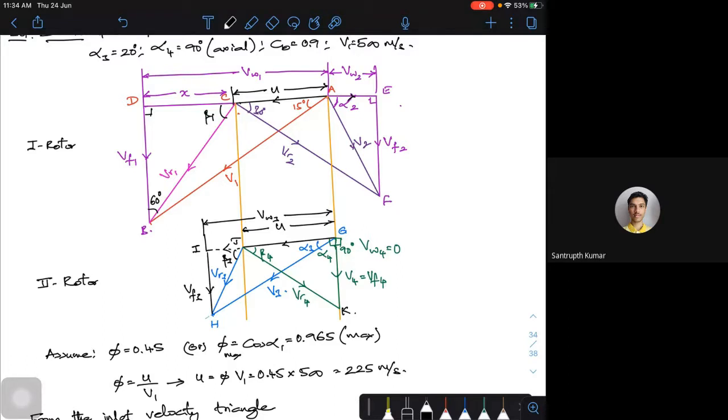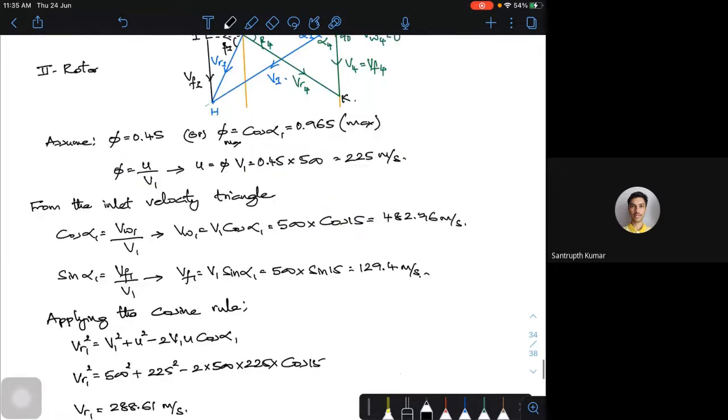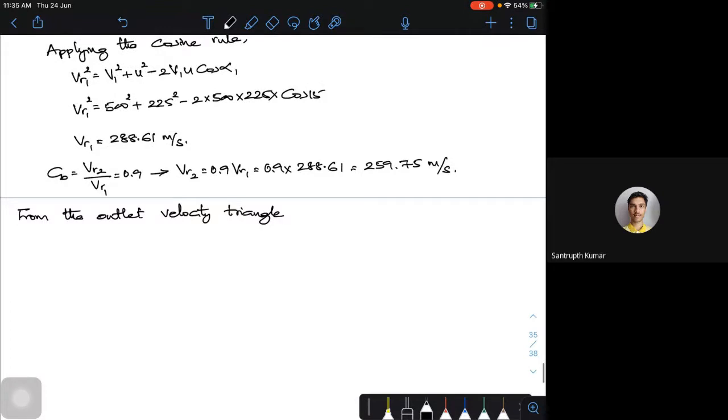Cos beta 2 is equal to VW2 plus U divided by VR2. Then what is sin beta 2? Sin beta 2 is equal to VF2 divided by VR2. From the exit velocity triangle, cos beta 2 is equal to VW2 plus U divided by VR2.